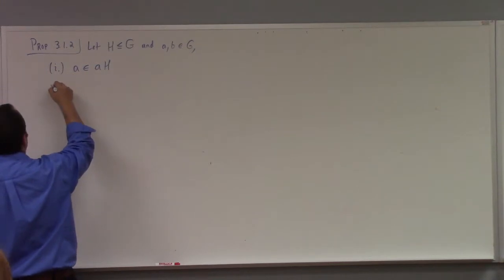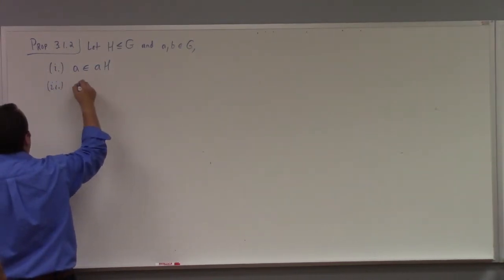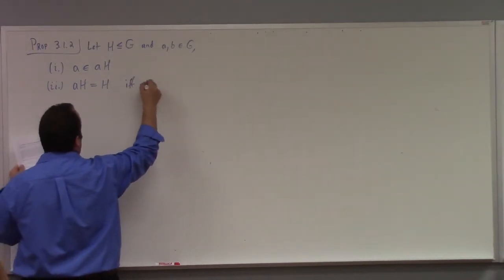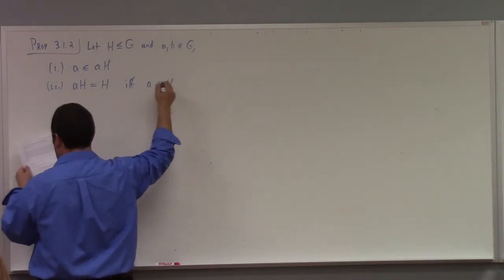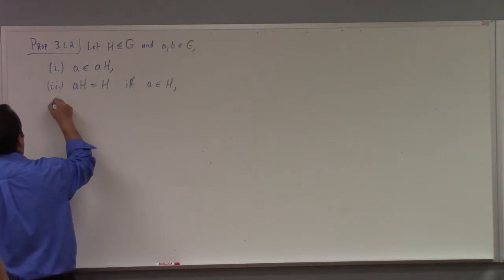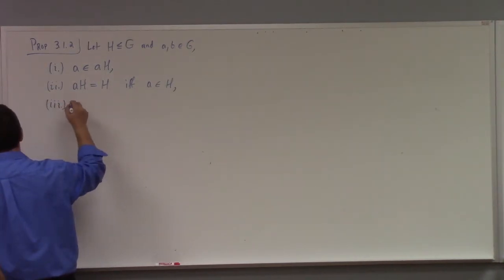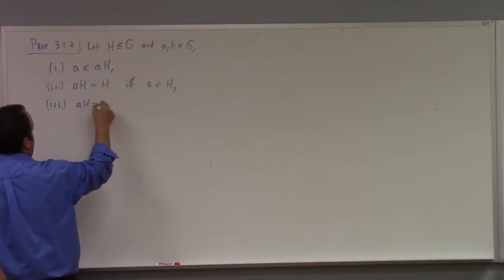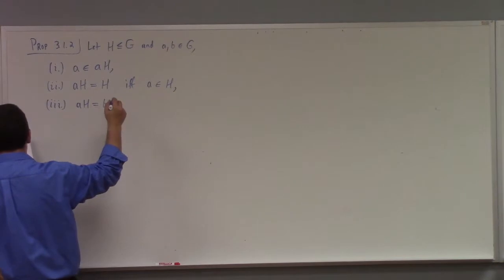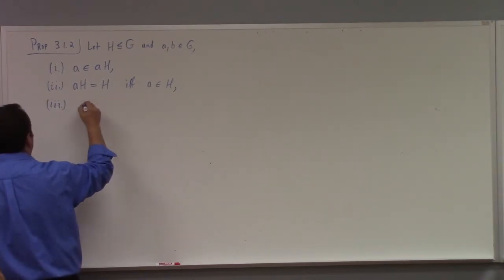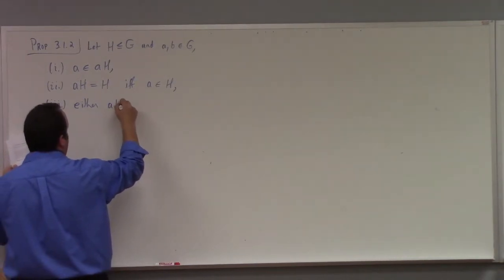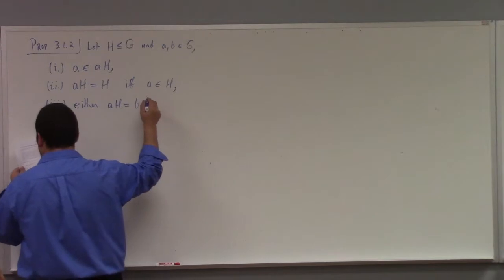Second of all, aH is equal to H if and only if a is an element of H. Point number 3, either the cosets are equal or they're disjoint.